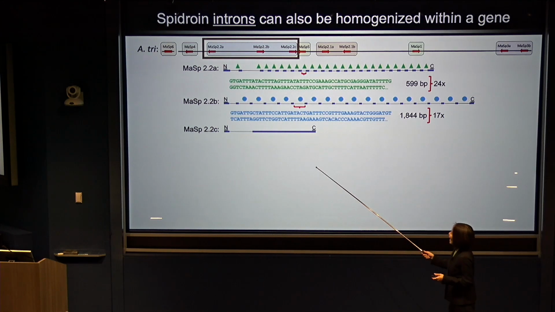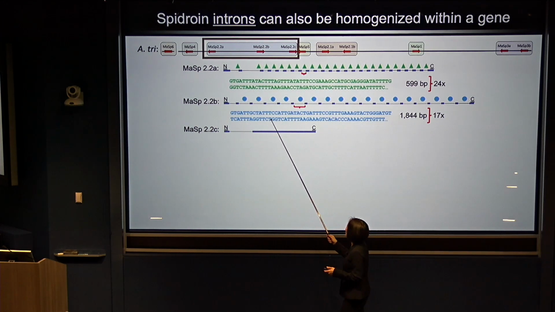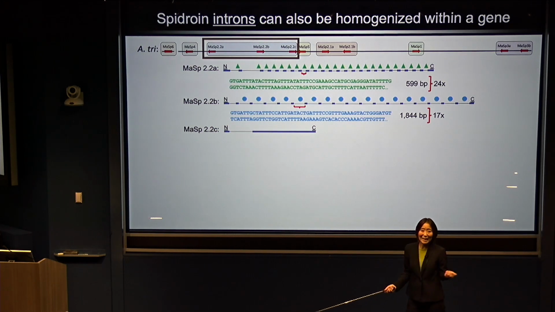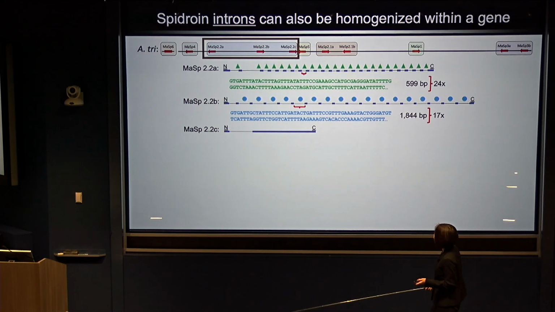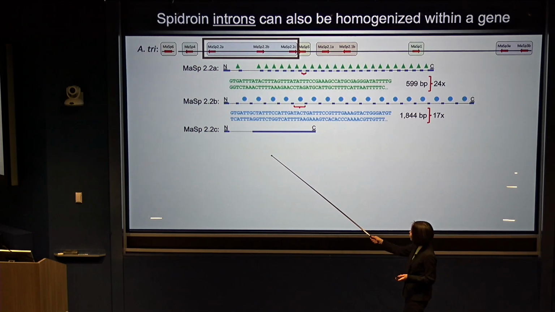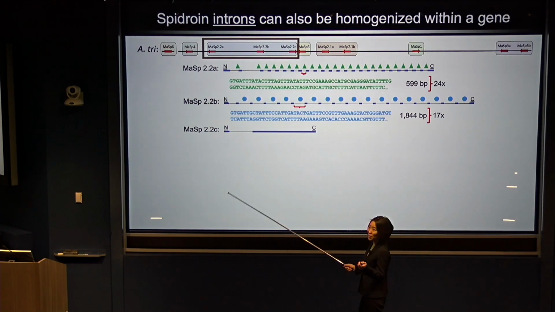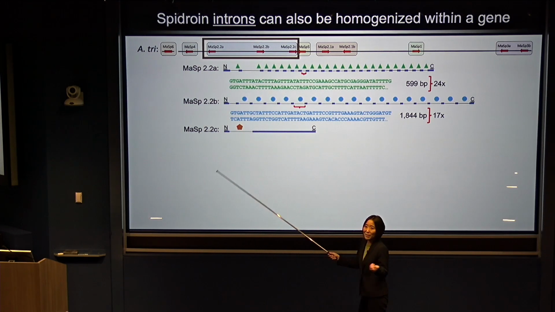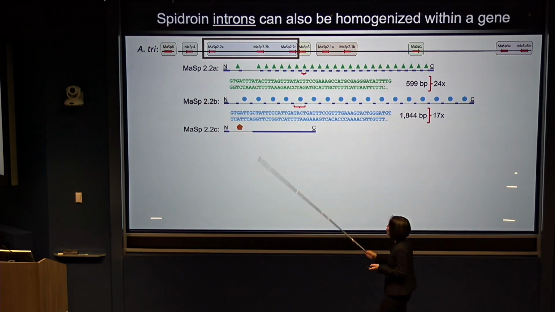And if we thought it was cool how the exon regions, that coding sequence, all look so similar to each other, even more amazing is that now these introns are equally high identity to each other. And here's 2.2c, which didn't want to have all the flash and dash of these repeated introns. It instead just has one intron, and this intron doesn't have sequence identity with these other ones here.